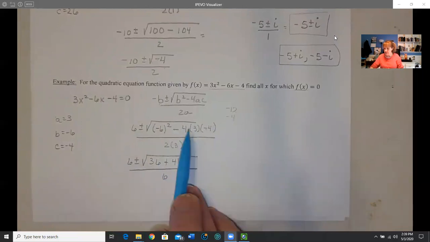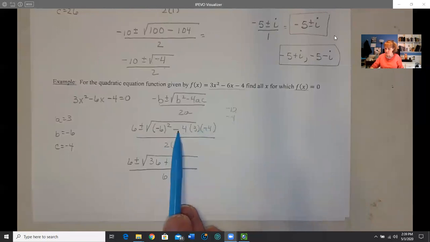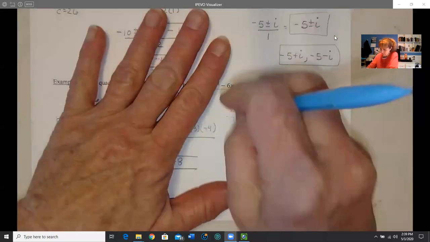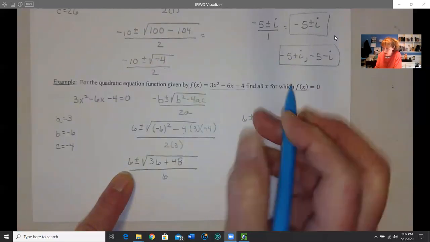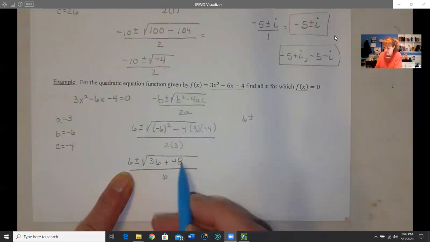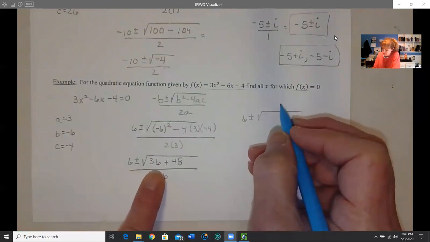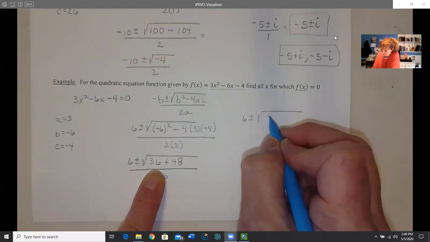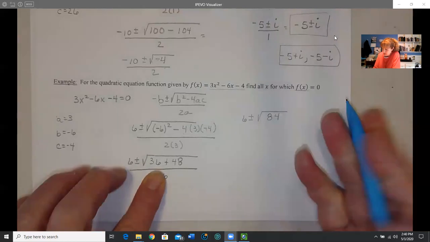So just be aware that when you have the two negatives in multiplication, you'll have that plus. Let me erase that. We'll have 6 plus or minus. And also, if you just type this into your calculator, it'll spit out the right answer. It'll do the PEMDAS for you. So we come up with 84. I guess I don't really need that long of a radical sign. All over 6.